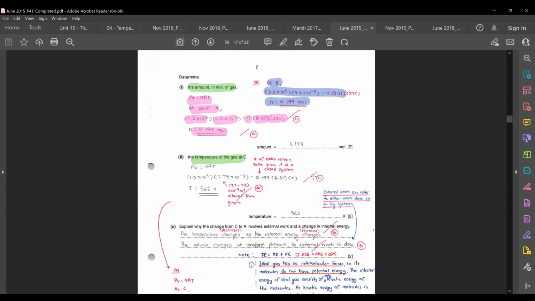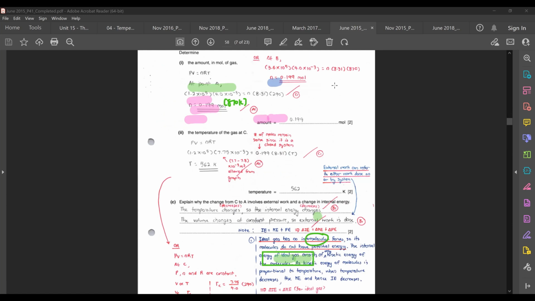Right. Then after that, if you move on to part 2, you are now trying to find out the temperature of the gas at C. You again use PV equals nRT. You know the pressure, you know the volume, you know the molar gas constant, and your number of moles is actually what you found from the question above.